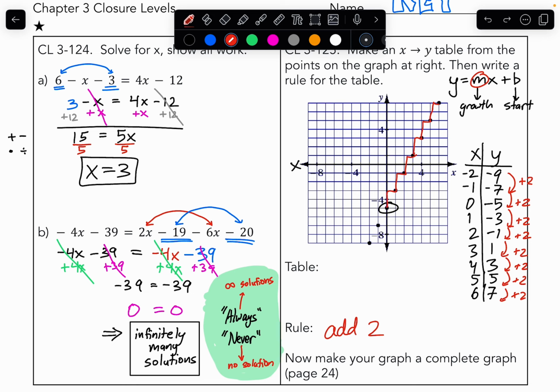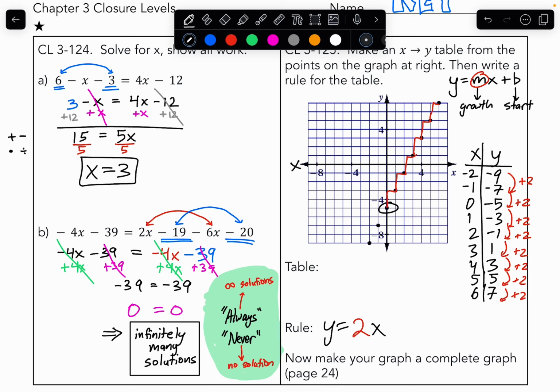But when did you start? Where did you start? Did you start with $1 million in debt? You have to be more specific than just add 2. So that's why every equation is going to have not only a growth, but also a starting value.